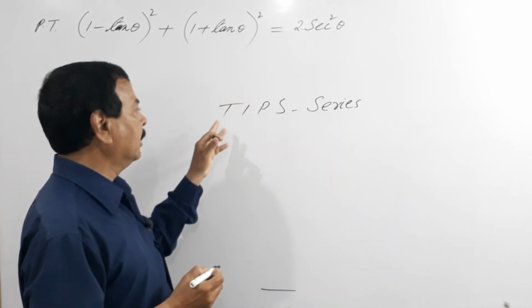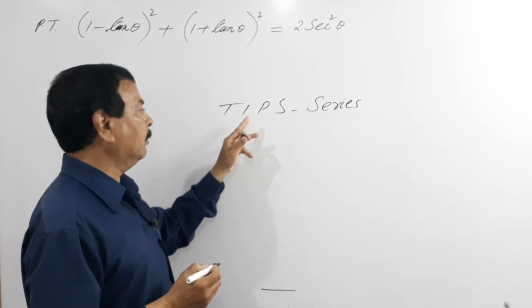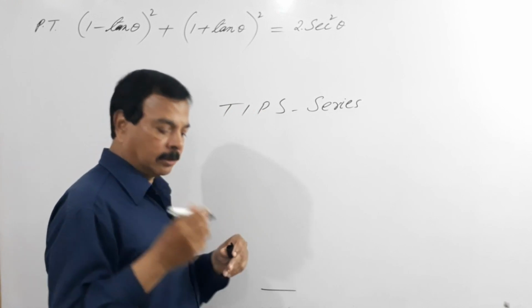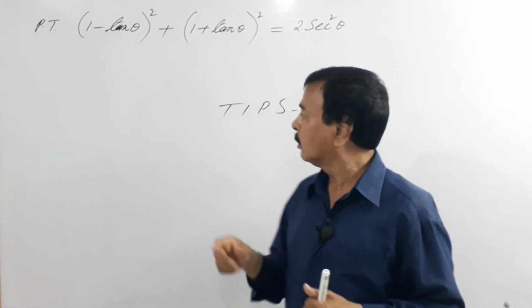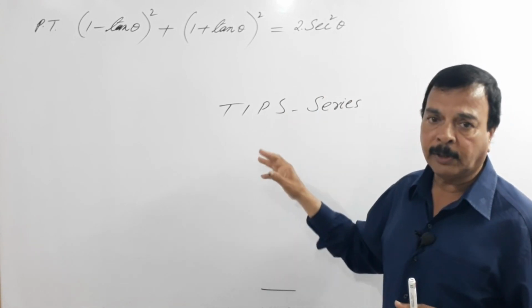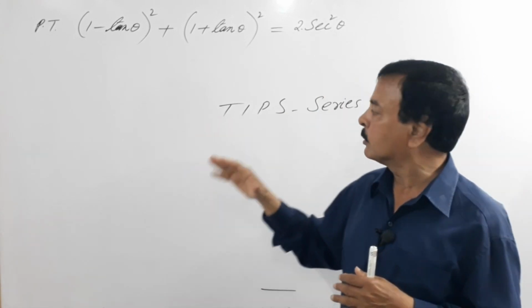So what does this mean? Trigonometry, important problems solved. I will write all these things on YouTube. So I want to start the tips series on trigonometry, likewise for other chapters also.